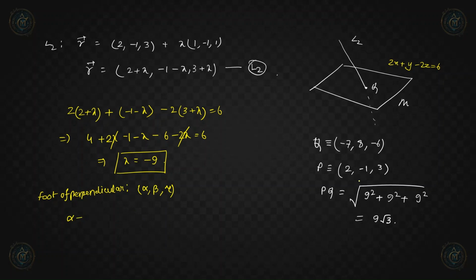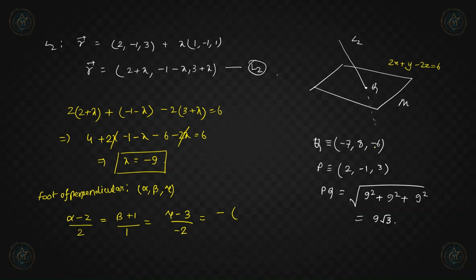Alpha minus the x coordinate of P, that is 2, divided by the x component of the normal vector direction to this plane, that means 2, equal to beta plus 1, beta minus of minus 1, divided by this is 1, equal to gamma minus 3, divided by minus 2, equal to minus 1 times this, which will be satisfying this plane with this point.